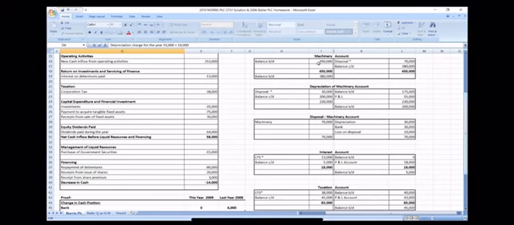So we open up a machine account. On the machinery account, we owned last year 450,000 worth of machines, and this year we own 380,000. So we obviously have disposed of an asset, but we're not given what the disposal figure is.